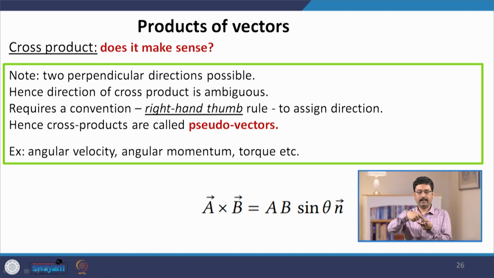Suppose this is A, this is B, then there is the direction which goes upward and the direction which goes vertically downward. Both are perpendicular to this plane. But a single vector cannot have two directions at the same time. So, in that sense, simply saying the direction is perpendicular to both A and B is a little bit ambiguous.